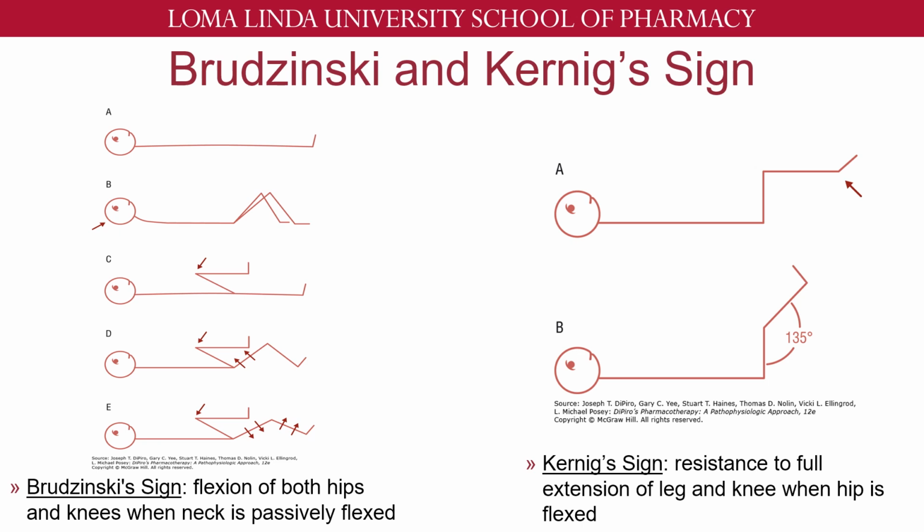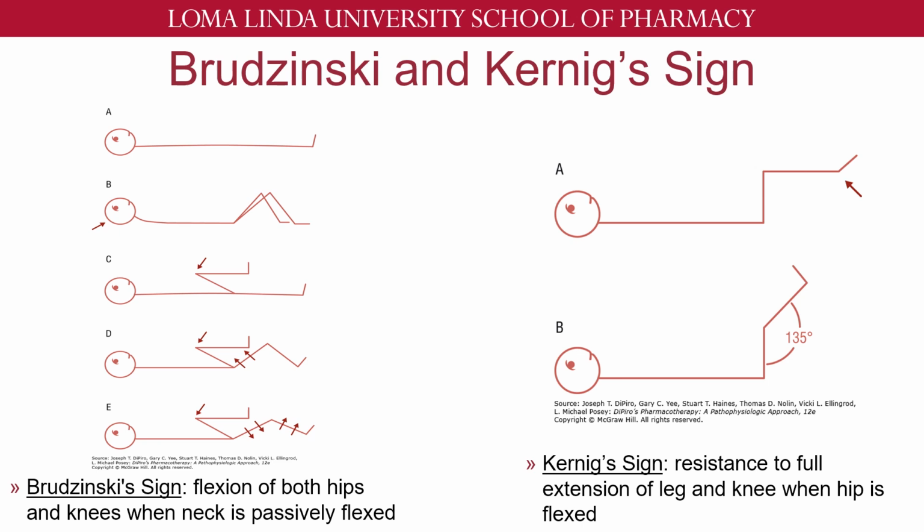Furthermore, we also have what's called the Brudzinski and the Kernig sign. These will be done by the physician generally to help further rule in if a patient has meningitis. First up is the Brudzinski sign on the left here, which is flexion of both hips and knees when the neck is passively flexed.